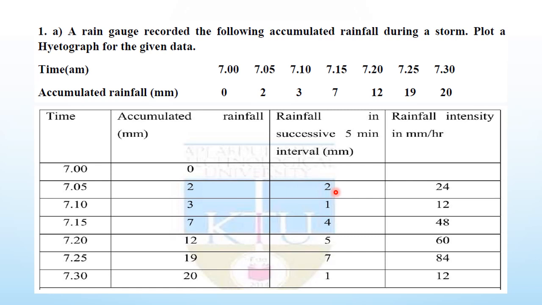So every 5 minutes you have 2 mm, which means every 1 hour, that is 60 minutes, will have 24 mm. So that is the rainfall intensity. So 5 minutes is converted to 1 hour. Like that you can find out the rainfall intensity at every 5 minutes.